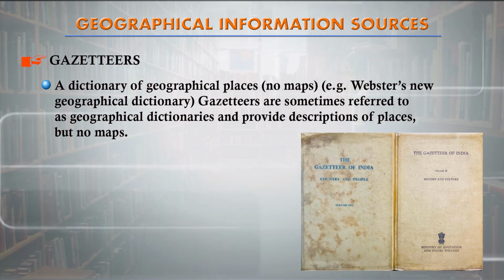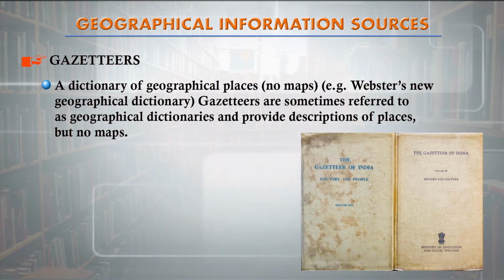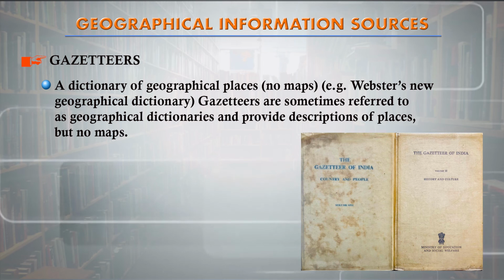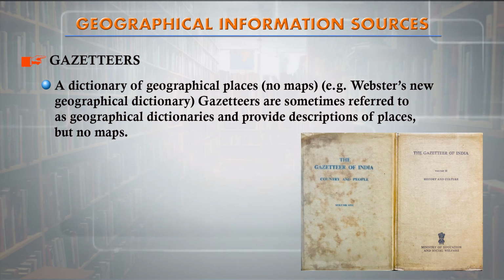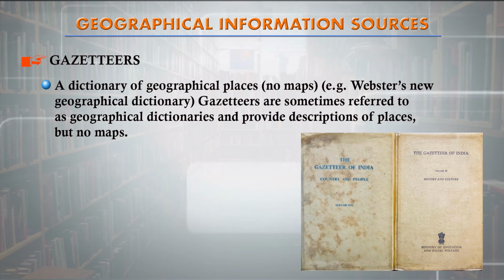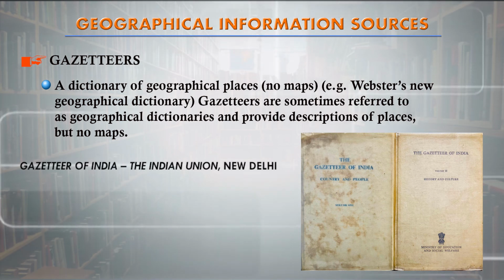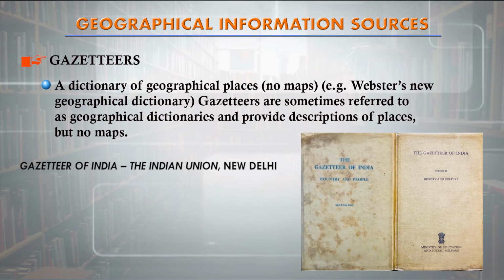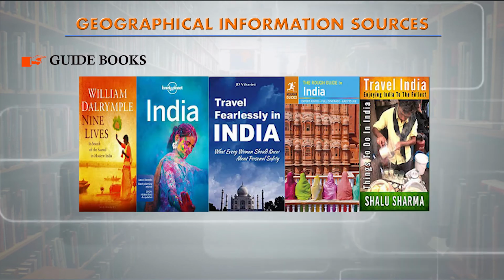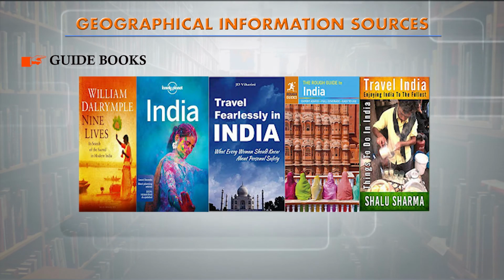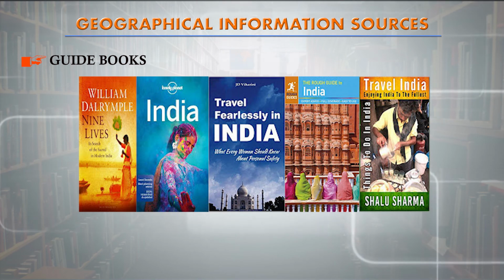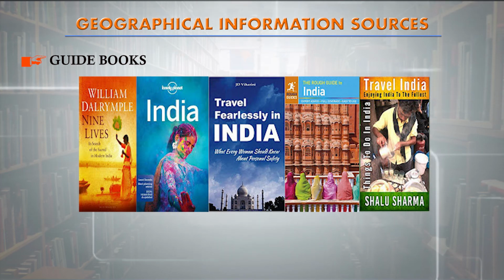Gazetteers are sometimes referred to as geographical dictionaries also, and they provide description of places, but as I told you, without including maps. Gazetteer of India, the Indian Union, New Delhi. This is the gazetteer of the Indian government. Then come the guidebooks. These are generally tourist guides or travel guides. They provide detailed description of places.